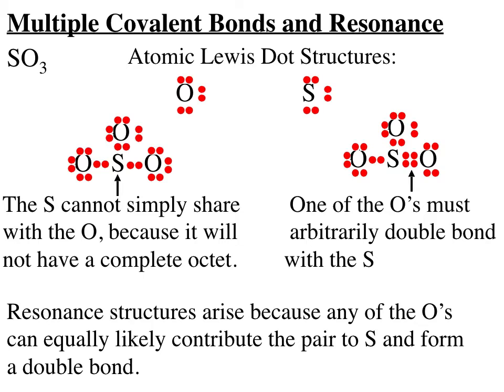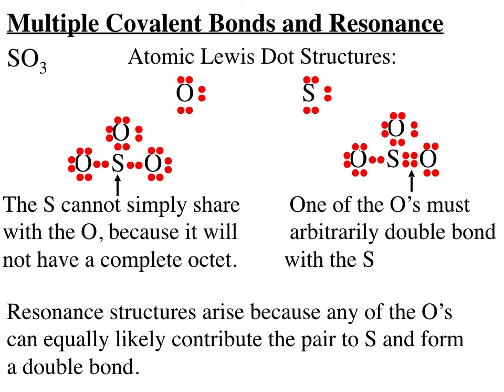We know this is true because if one bond was double and the other two were single, that would mean, according to our previous discussion, that one of the bonds would be stronger than the others, meaning it would take more energy to break one of them, and the other two would take less energy to break.